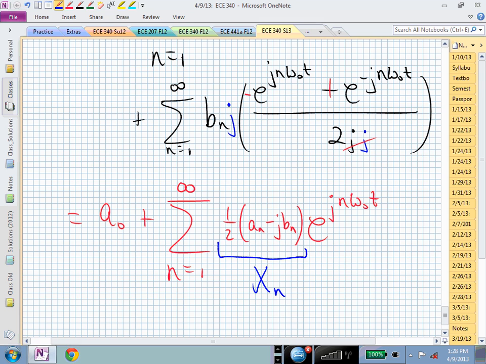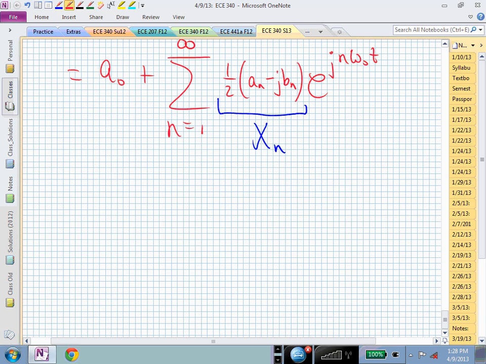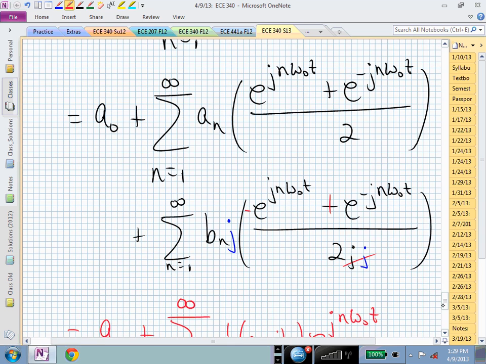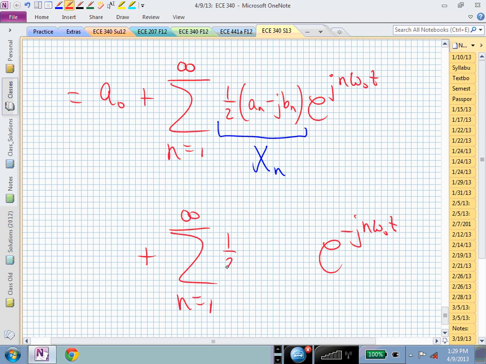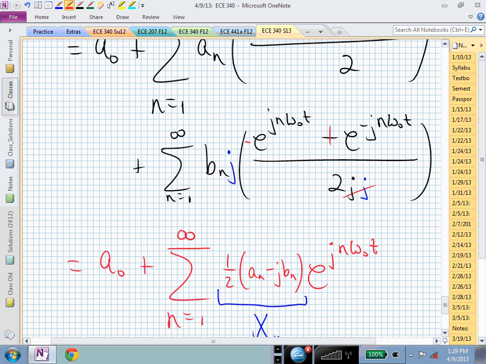Now what I want to do is pull out the piece associated with the e to the minus j. If I go back up, there's still a 1/2 in common with that. And I have an a sub n for the top piece. I have now a 1/2 a sub n, and now I need to look at what happens. What's my coefficient that scales e to the minus j n omega naught t?